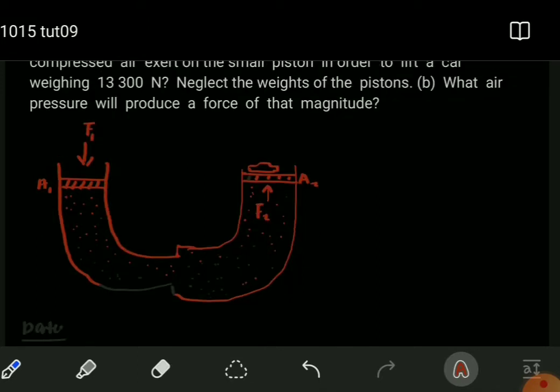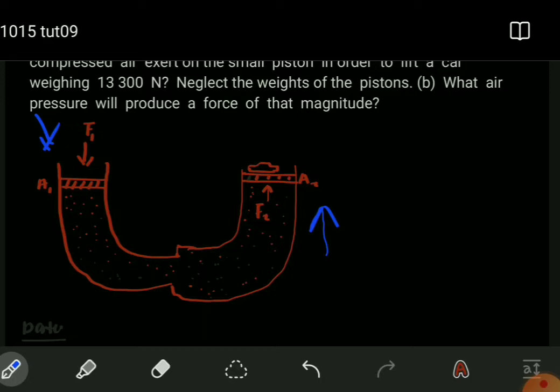You have your vehicle on the right side, and pressure is applied on the left side. Here we have force applied downwards, which produces an upward force, or rather pressure, on the other end.